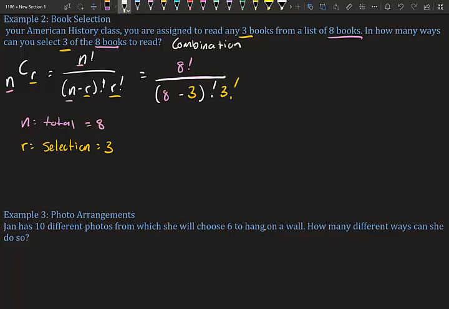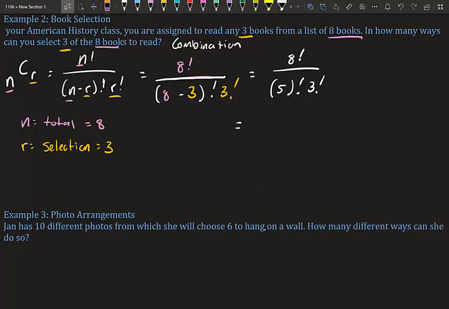Remember, with factorials, it's 8 times 7 times 6 times 5 times 4 times 3 times 2 times 1. It's in order, but I'll work this out separately with us. You could use a calculator if you wanted, but here we have 8 factorial, and then 8 minus 3, that's 5 factorial, times 3 factorial.